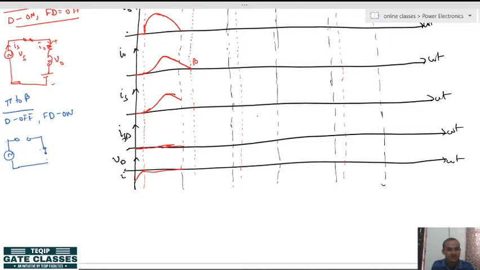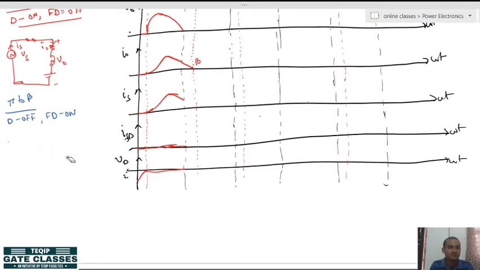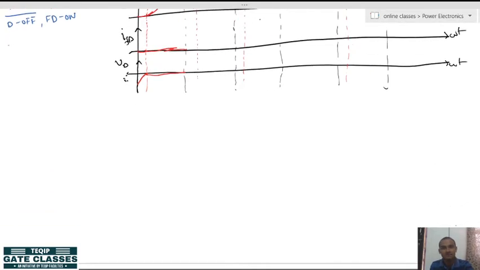This is the main diode, which is off, and this is the freewheeling diode, which is on, represented by a short circuit, and this is our RLE load. You can see the load current still continues to flow in the same direction, but in a discharging mode, like this. Let me make it a little bigger. The circuit modified will be like this.